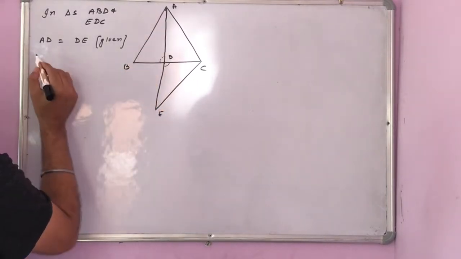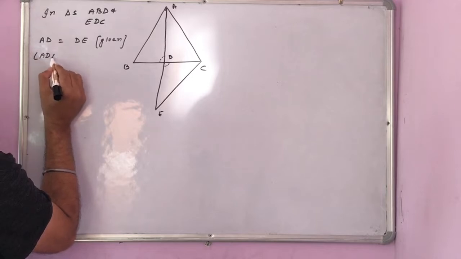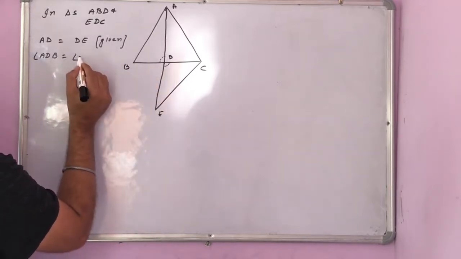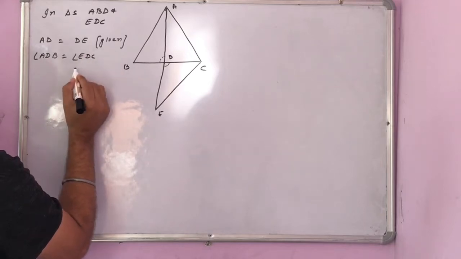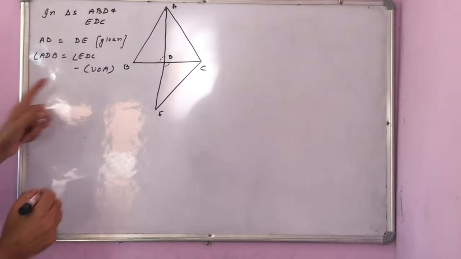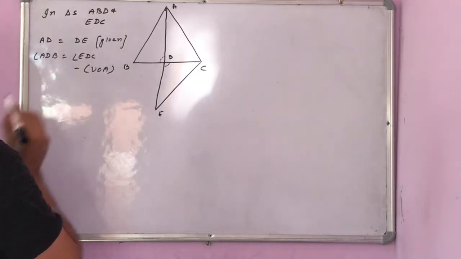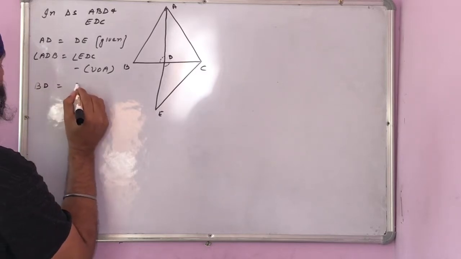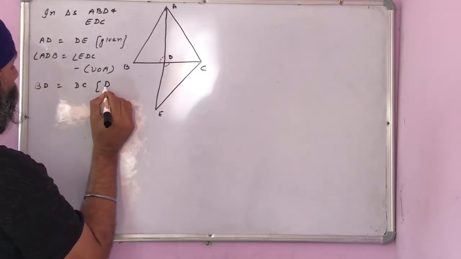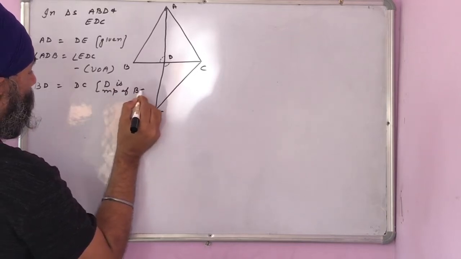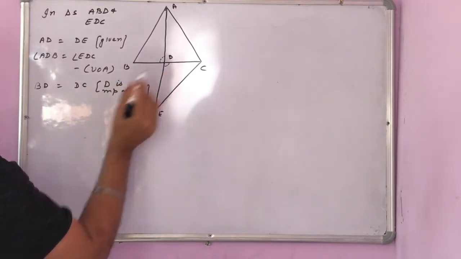Angle ADB is equal to angle EDC. These are vertically opposite angles. VOA means vertically opposite angles. BD is equal to DC because D is midpoint of BC. NP means midpoint.